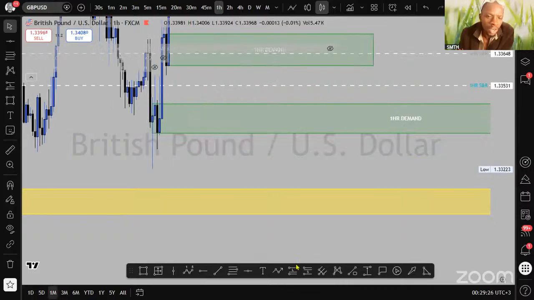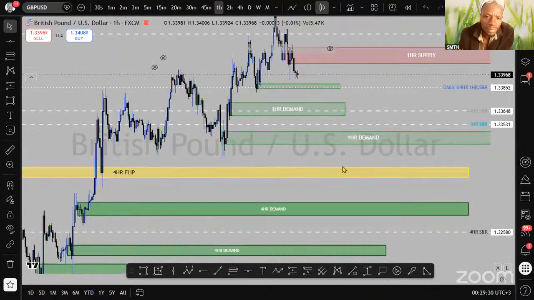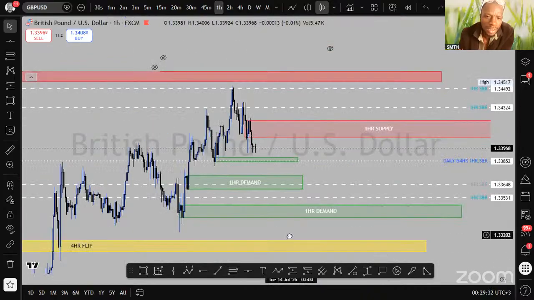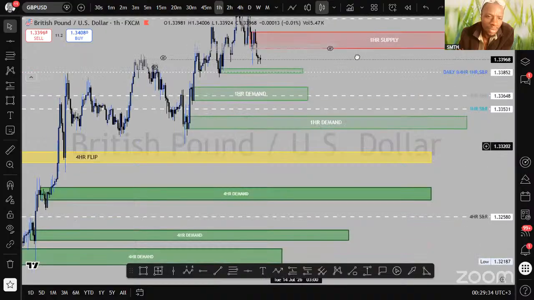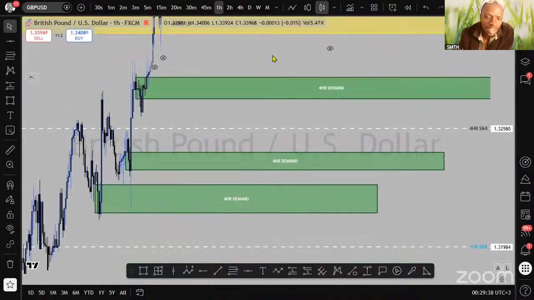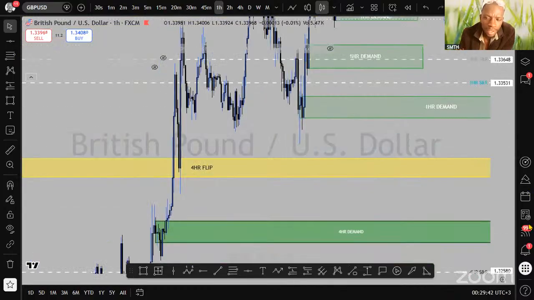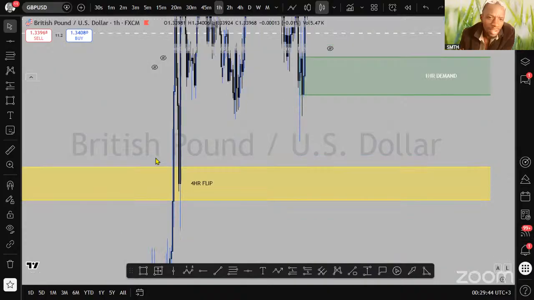So try to see how my chart overall looks like. Not so bad, not so rainbow. Okay, so it's just to rectify the lines below. Now you can clearly see how my flip area cuts across this area. Can you see this?